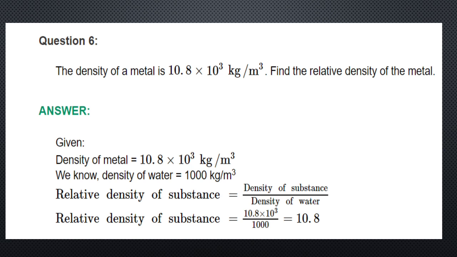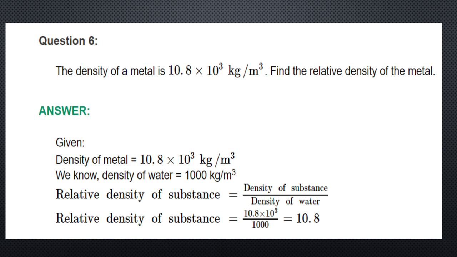The question is, the density of a metal is 10.8 into 10 raised to 3 kilogram per meter cube. Find the relative density of the metal. Now you have to find the answer. Whenever you want to solve such problems, always remember, first write whatever is given to you in the example.